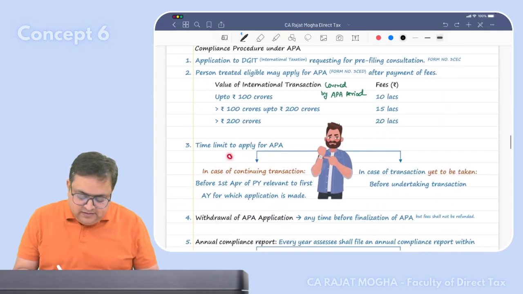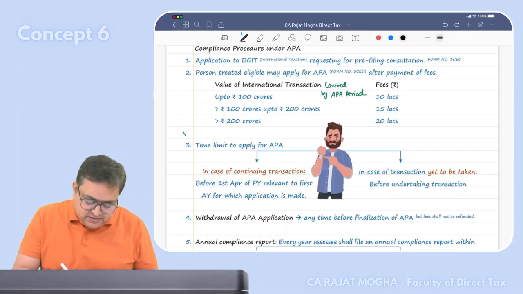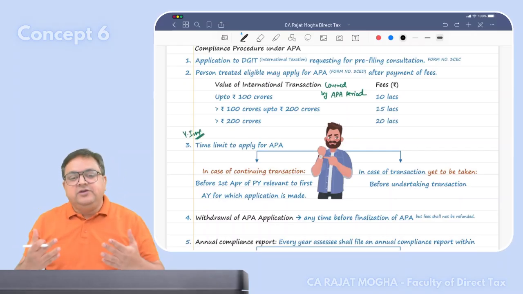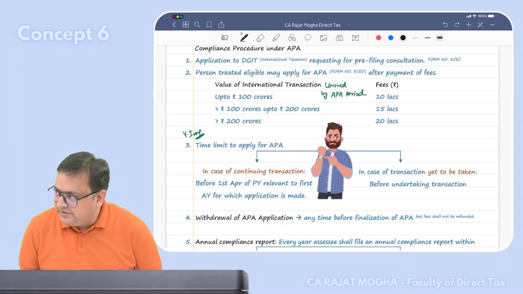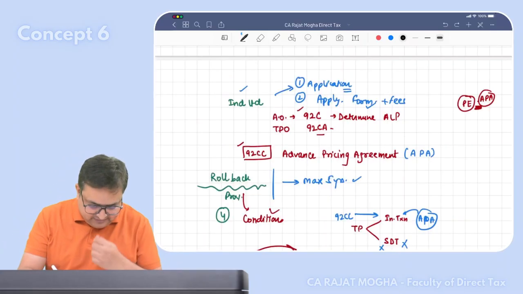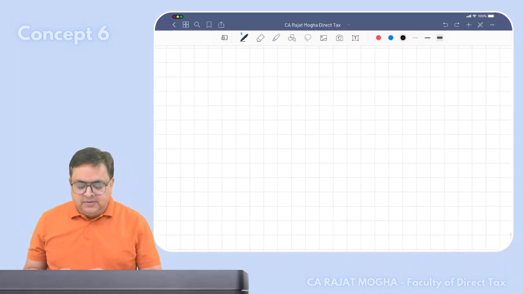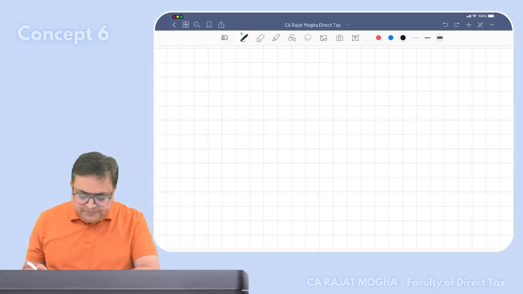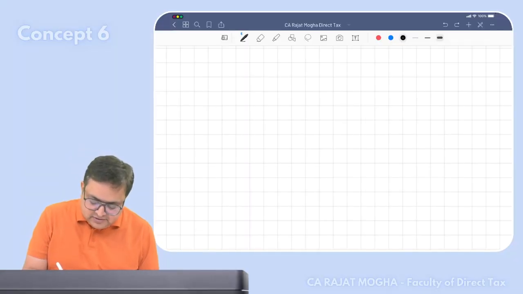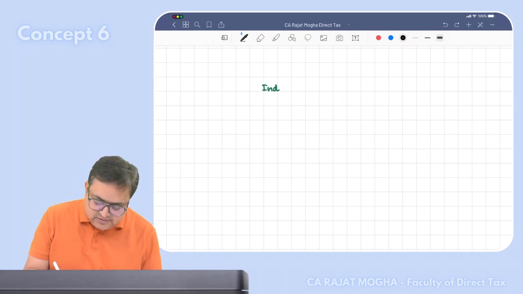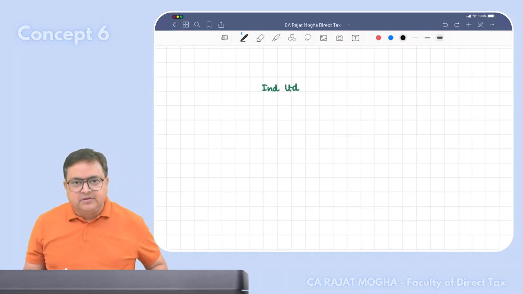Now, very, very important: what is the time limit to apply for APA? When should you apply for APA? Now it's very important, you have to understand this. There might be two scenarios. Let me discuss one by one. For example, this is the person in India, Limited.